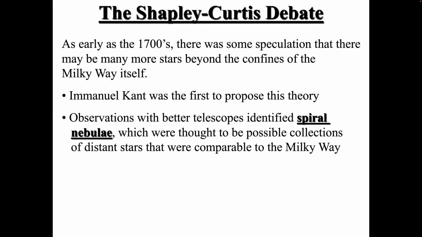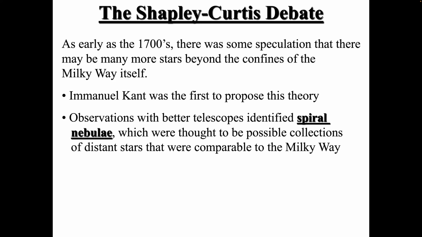They call it a nebula because they didn't have a proper name at that time. These were thought to be possible collections of distant stars comparable to the Milky Way. Now you should have a curiosity in your mind about what they saw at this time, right?